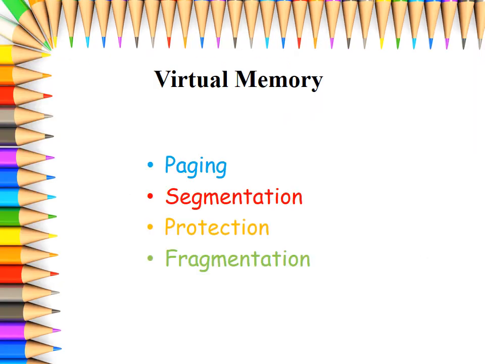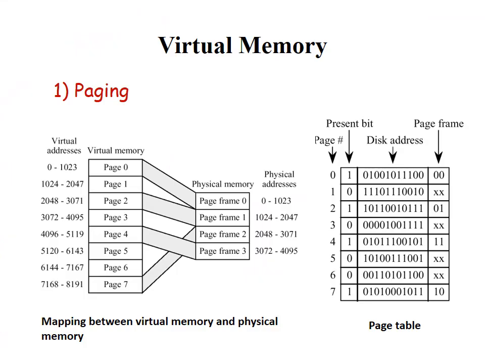Virtual memory is further divided into 4 classifications: paging, segmentation, protection and fragmentation. So first thing is paging. Paging is nothing but here we will be matching the virtual memory and the physical memory.